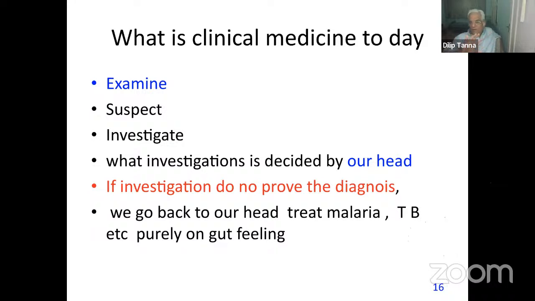But if you depend on the investigations, the X-ray is always normal, so you carry on with analgesics, and by the time you ask for an MRI, it is going to be too late at times to do a cold decompression or anything. And that's the reason the MRI becomes the only way. So when to ask for an MRI purely depends on your examination. So if investigations do not prove a diagnosis, then all we treat is on a hunch: malaria, TB, etc.